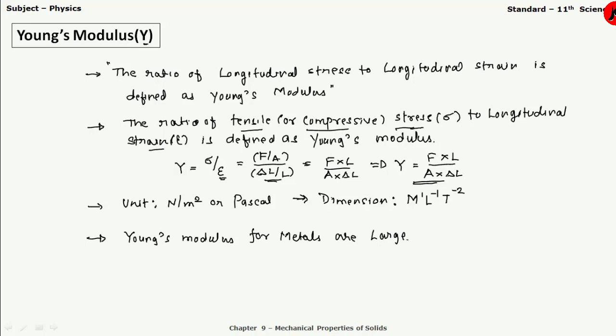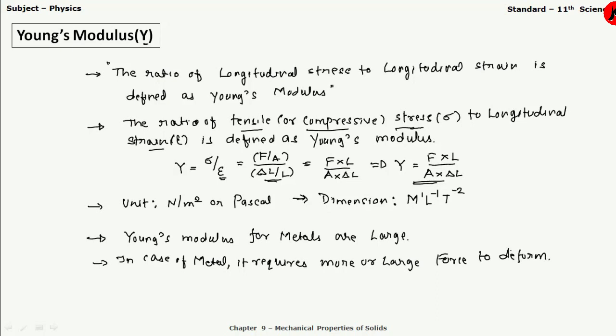Because in the case of metals it requires more, or you can say large, force to deform from its original position. That's why metals have a large value of Young's modulus.